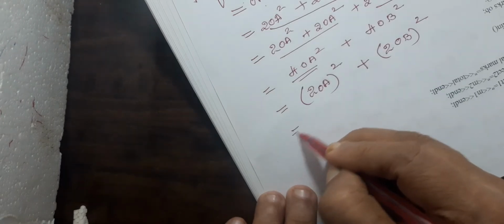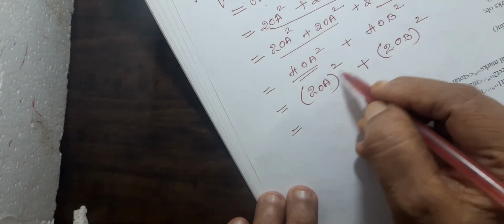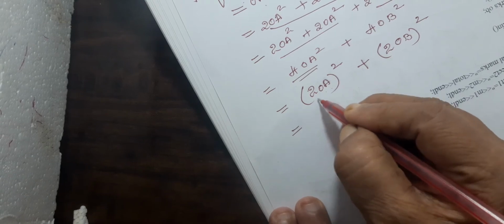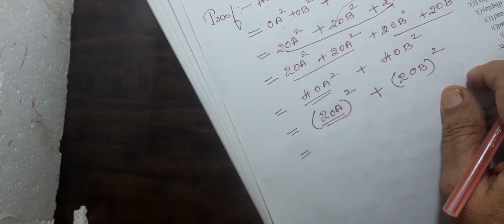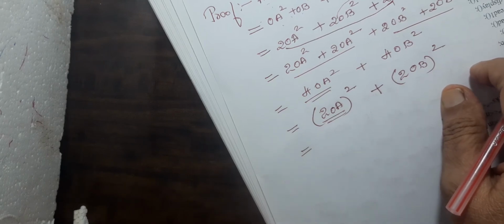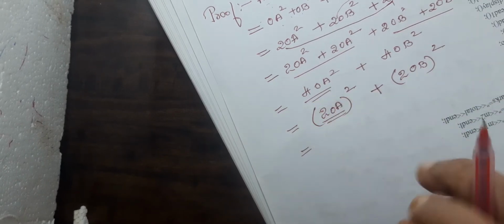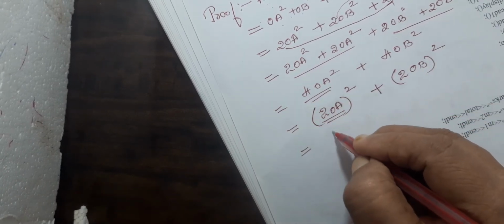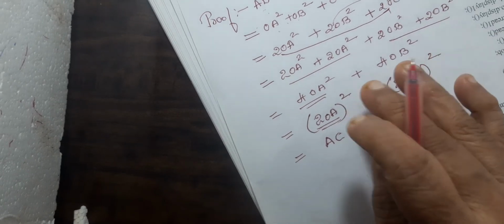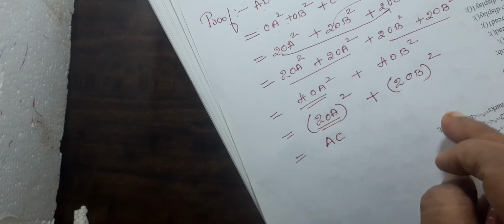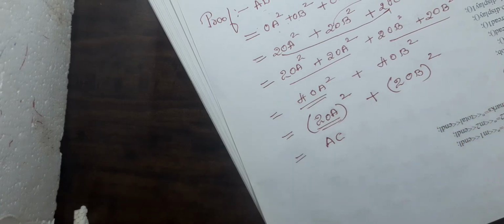Then this will be equal to 2 OA the whole squared. 2 OA means what? 2 OA means OA plus OC. That OC also I will write as OA only. So that's why it will be 2 OA. So 2 OA means it will actually be AC. So OA plus OC, instead of OC I will write OA, as both of them are equal.